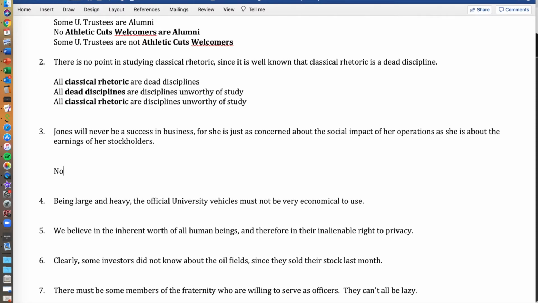No Jones are business successes. Okay? And then we go to this other long statement, and that we know is going to be the premise of the argument. For she is just as concerned about the social impact of her operations as she is about the earnings of her stockholders.